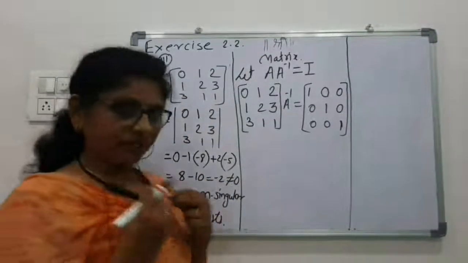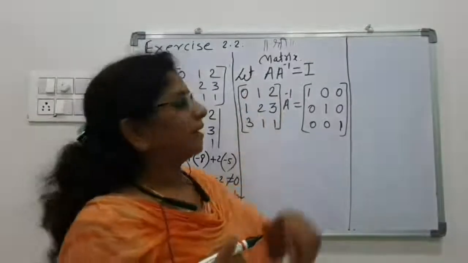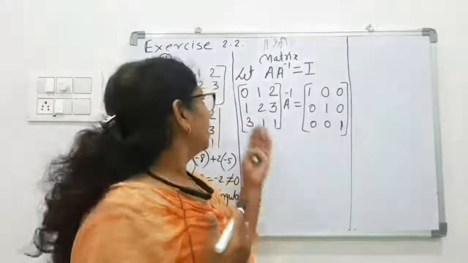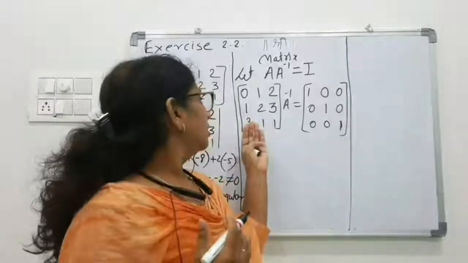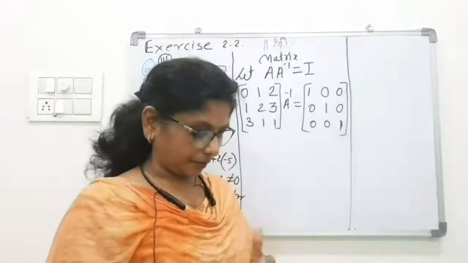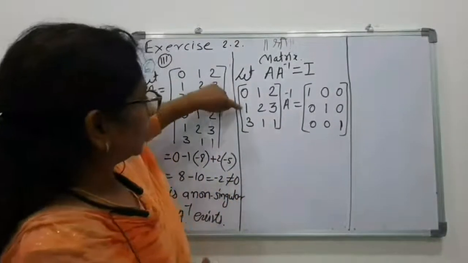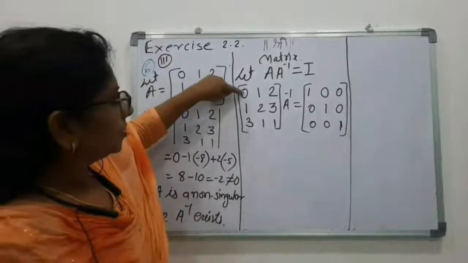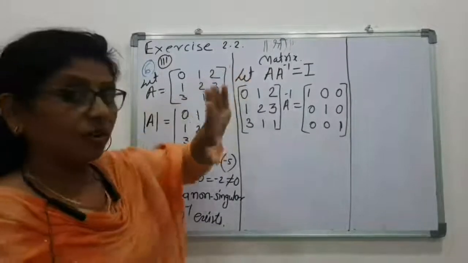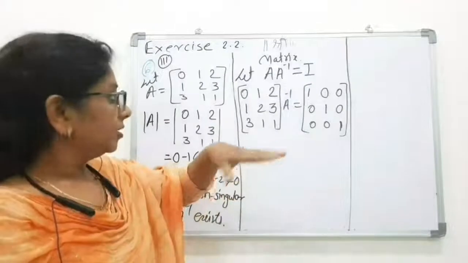Now we will observe the matrix and decide whether row transformations or column transformations are preferable. Now see students, here there is 1 and here there is 0. First, you have to understand our task.